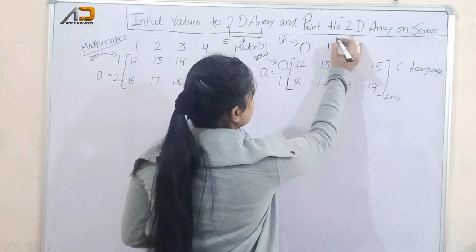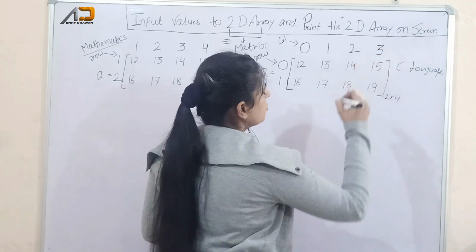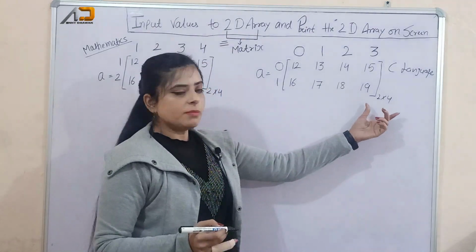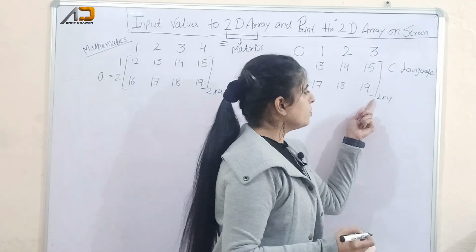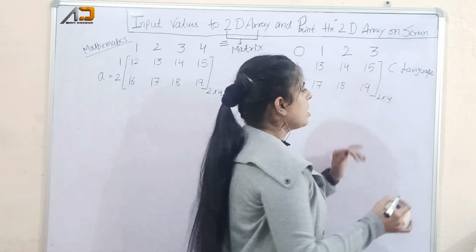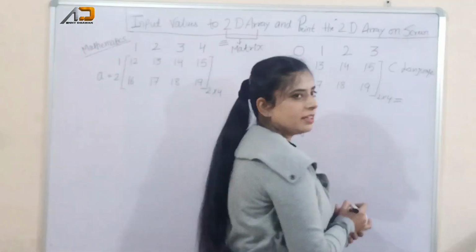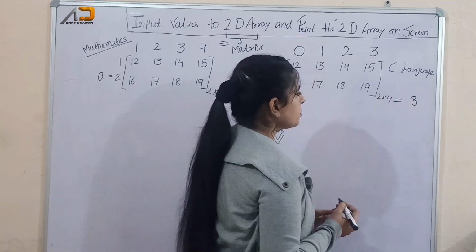That is 1. The next? That is 2. And the next? That is 3. What is the order of the matrix here? That is 2 cross 4. It means there are 2 rows and 4 columns in this matrix. So how many elements would there be in the matrix? There would be 8 elements in the matrix.